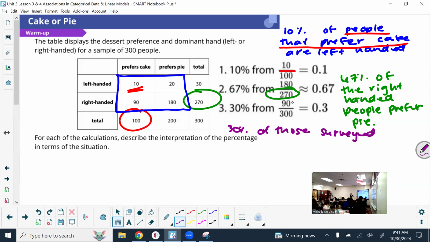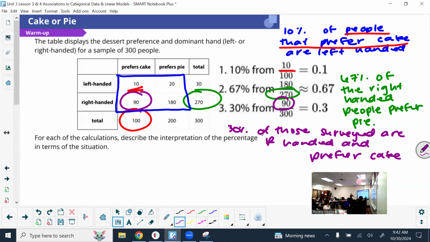Because it's the 90, you say 30% of those surveyed are right-handed and prefer pie. So you're still mentioning both characteristics in each, but the way you phrase it depends on what you are dividing by. Your denominator should be following a phrase similar to "of" or "out of these people." All right, questions on that?